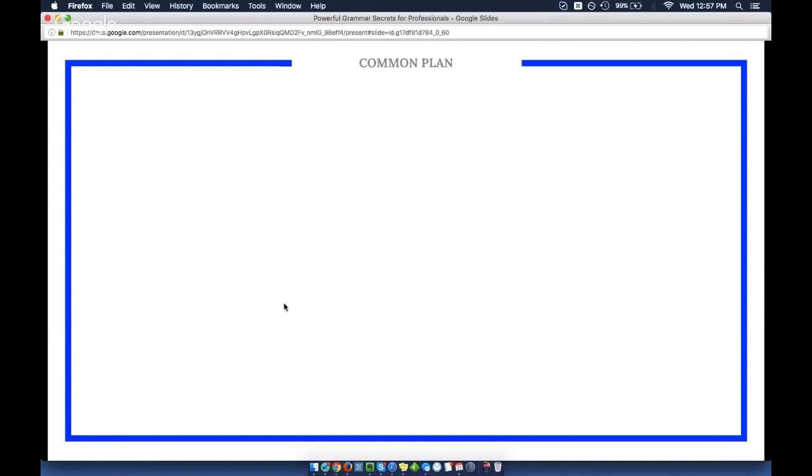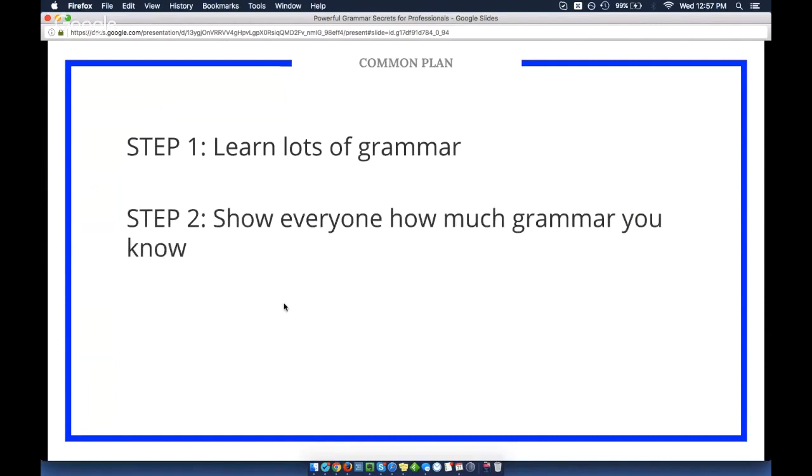Here is a common plan that many students follow. Step 1, learn lots of grammar. Step 2, show everyone how much grammar you know, like the smarty pants, like the type A, ambitious, outgoing, aggressive know-it-all. And step 3, get all of it wrong.